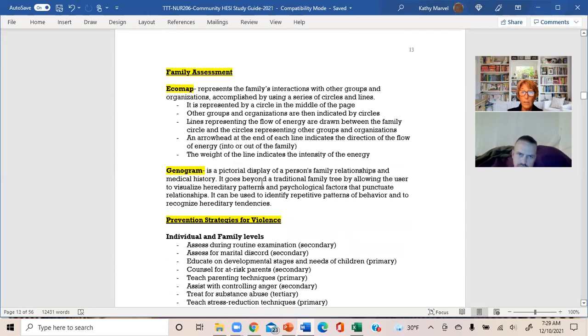Okay, what kinds of things might we be participating in? Well, family assessment. Remember, during family assessment, we talked about the difference. Are you doing a family assessment based on a genogram or an ecomap? And what's the ecomap? What's the difference without looking at this? What do you guys remember?